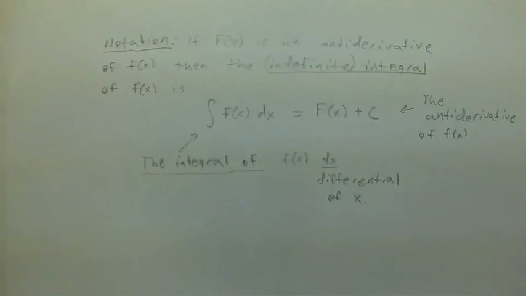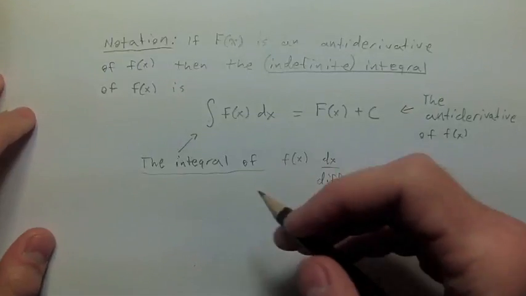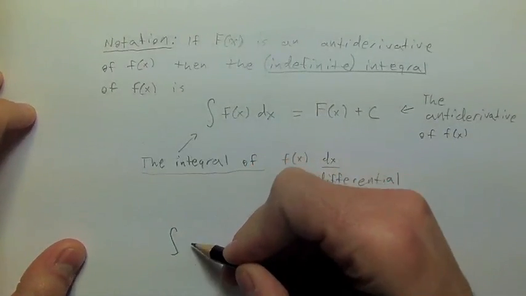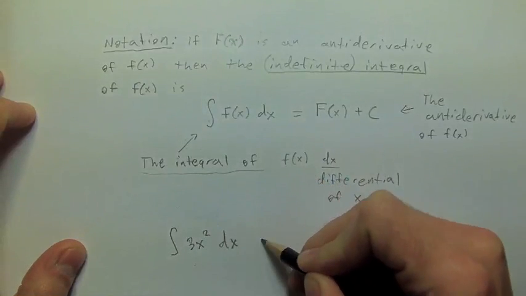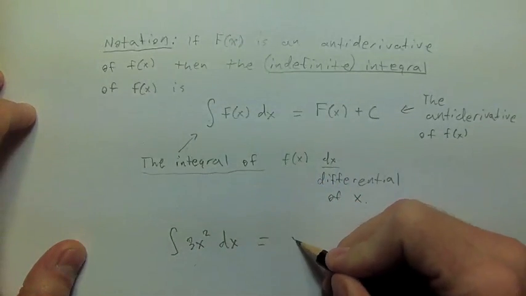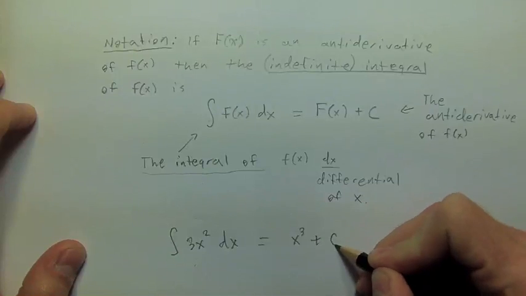So this is just a quicker way to write it. I can now use this notation instead of asking you what is the antiderivative of, and all that. I can just say, like the previous example, the integral of 3x squared dx, we found that was x cubed plus c.